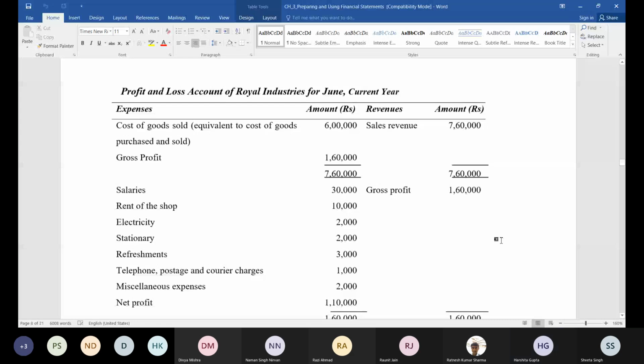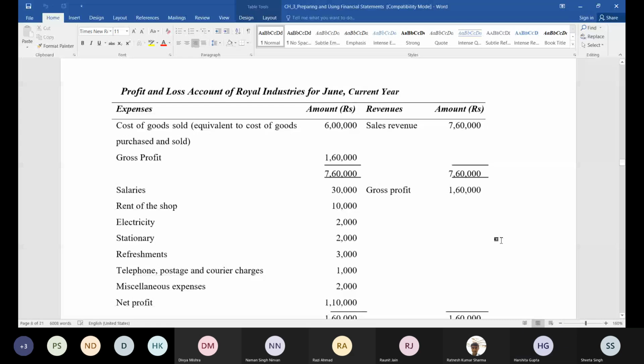Net profit or loss is a... yes, Harshita? I'm sorry for the interruption, but I cannot see your screen move. I can still see that P&L account only. Can you see me scroll down? No, ma'am.